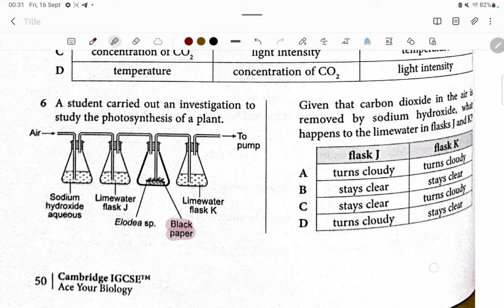Given that carbon dioxide in the air is removed by sodium hydroxide, so this one removes carbon dioxide, sorry. So this one by right doesn't have CO2, so this one will stay clear.